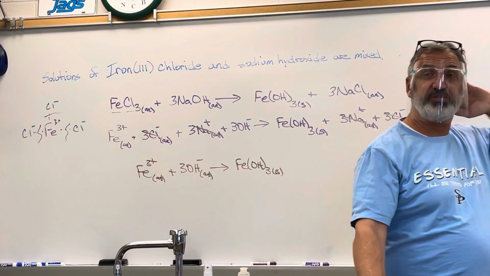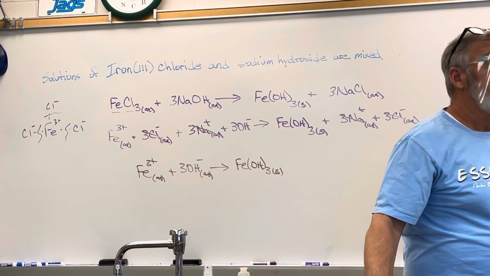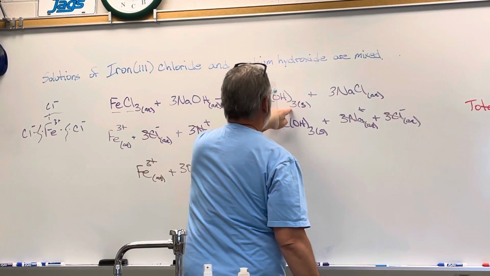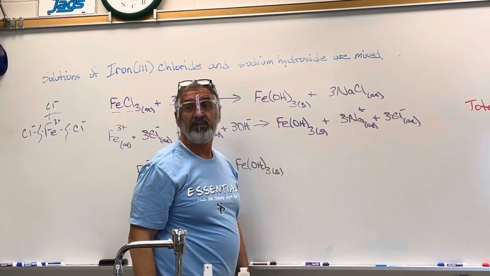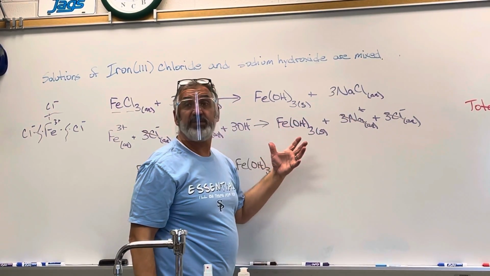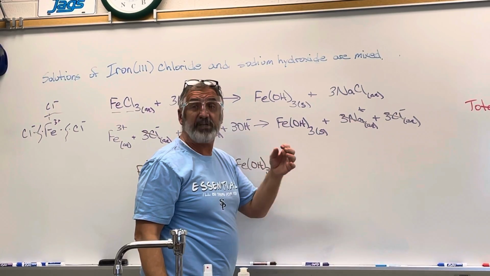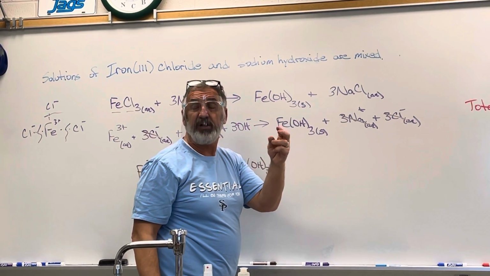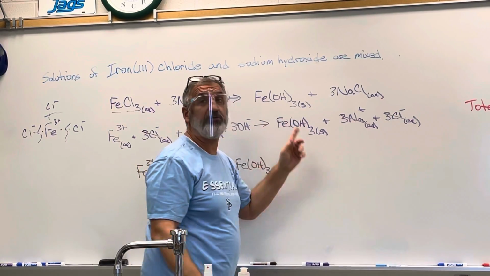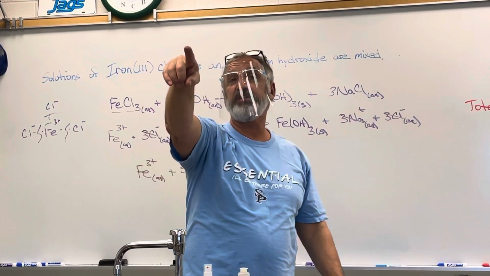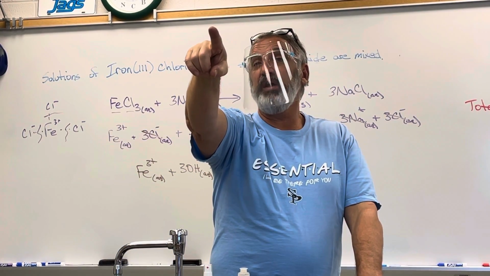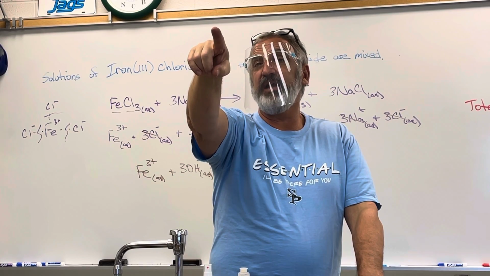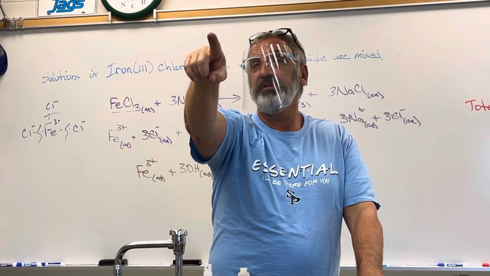I think that was your question: how do you know it's solid? Because this one was aqueous. One of them has to be a solid. Something's got to be a solid, liquid, or a gas. Otherwise, there's no reaction. The second way we know is you look at the hydroxides, and only group 1 and barium and strontium in group 2 are soluble.